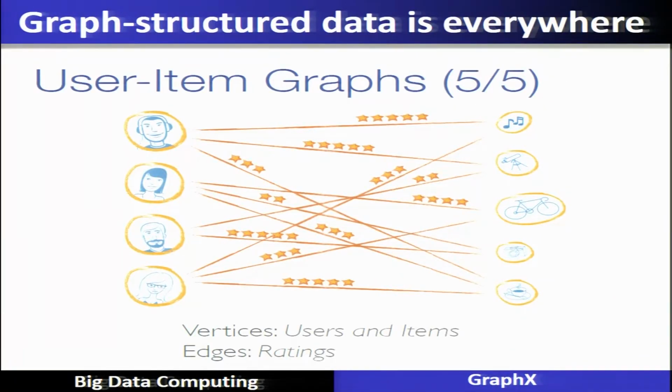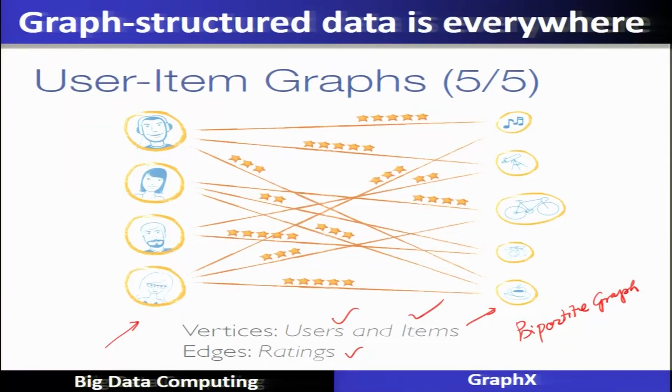Similarly, the user item graph can also be visualized as a bipartite graph, wherein the vertices are the users and items and their ratings. That means the users give a rating to the items or the products.